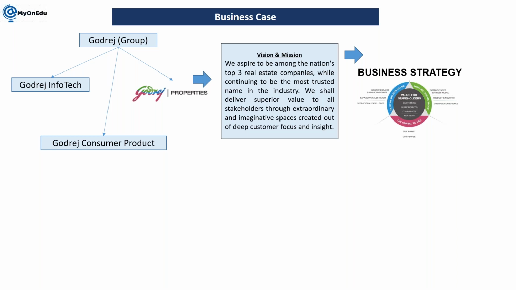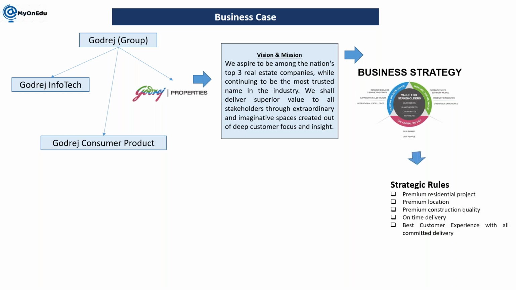How they will achieve it is based on strategic rules. So they have defined some rules. Let's say they want to be among the 5 best real estate companies in India. To be on the list of 5 real estate companies, they have to put their strategies accordingly.